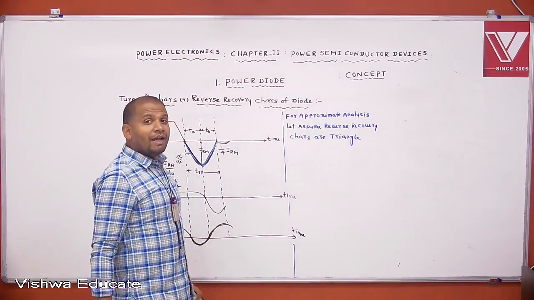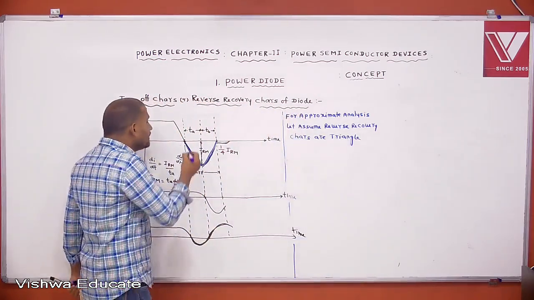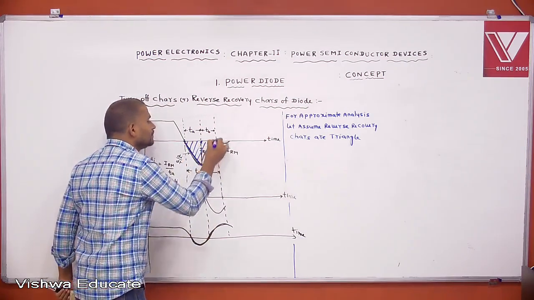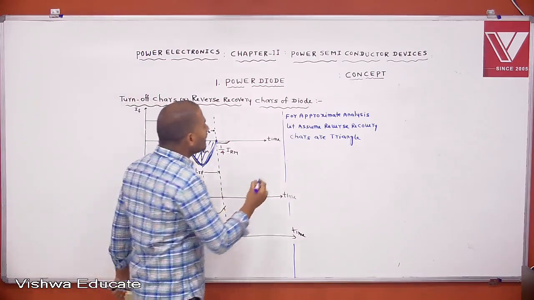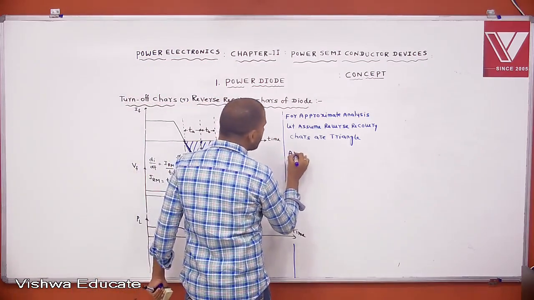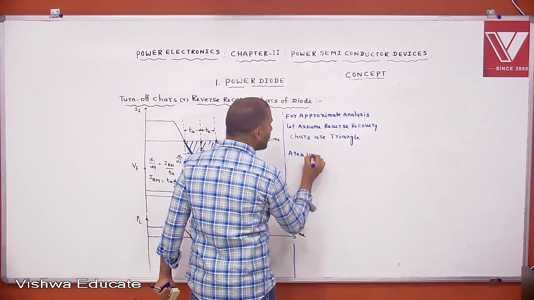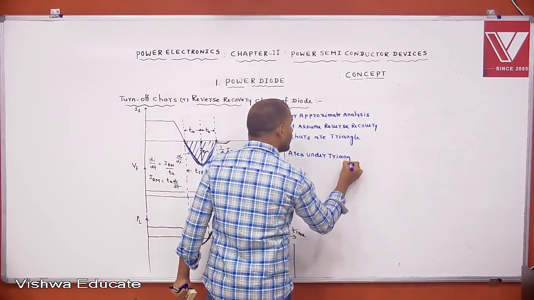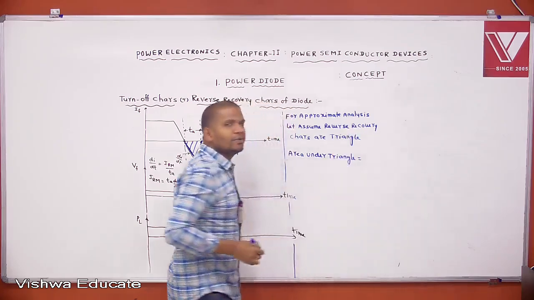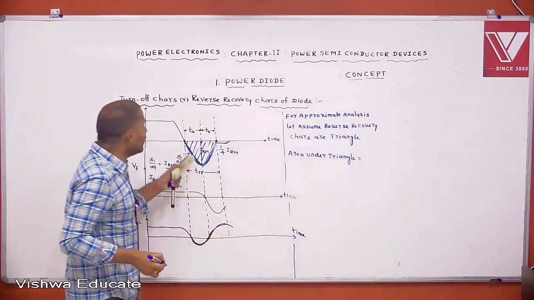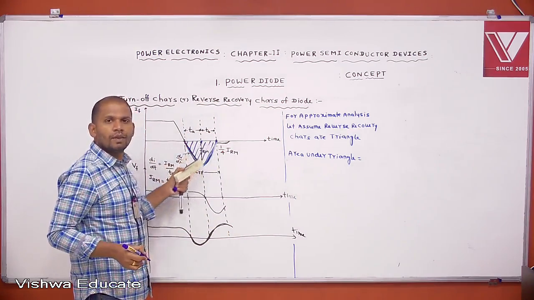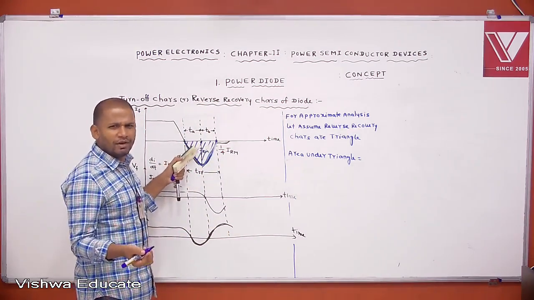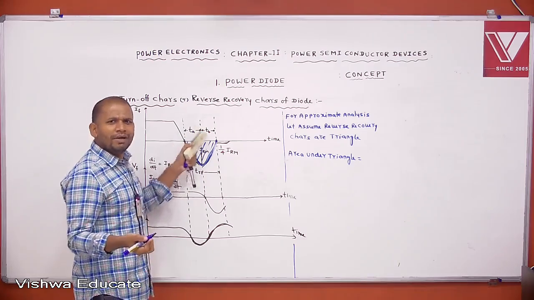Then what does the area under the triangle indicate? What is this curve? It is the current curve. It may be the reverse recovery current, no doubt, but it is a current.